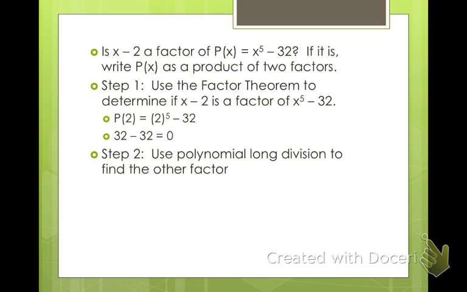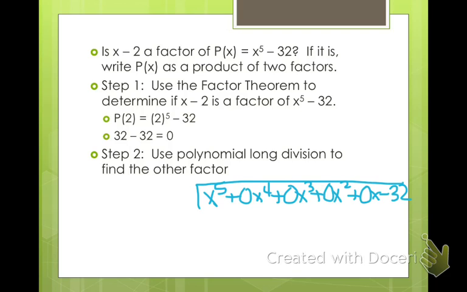So we're going to use our long division to find what the other factors are. So if you go ahead and do x to the 5th minus 32, so x to the 5th plus 0x to the 4th plus 0x cubed plus 0x squared plus 0x minus 32, and I divide that by x minus 2.